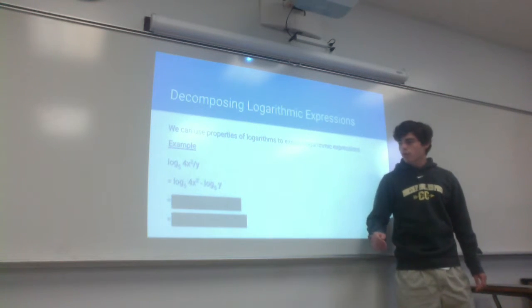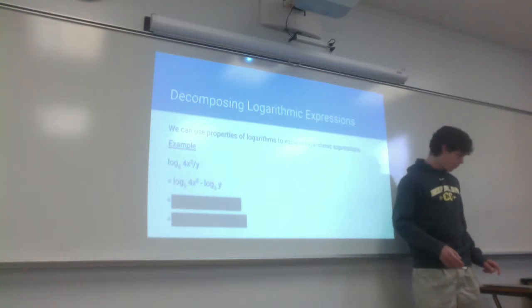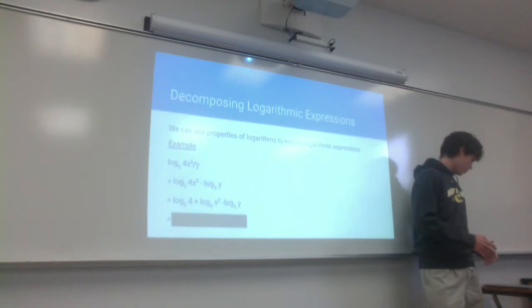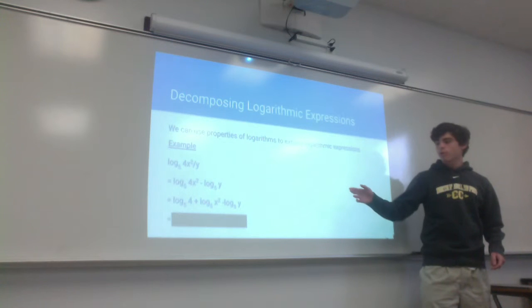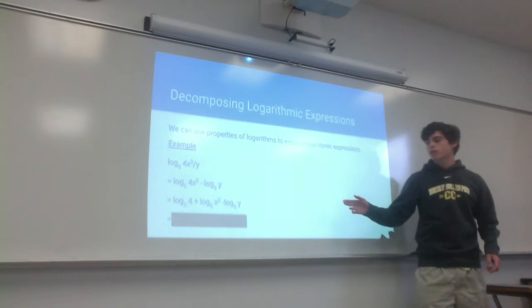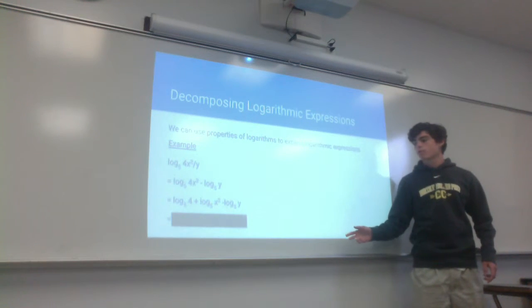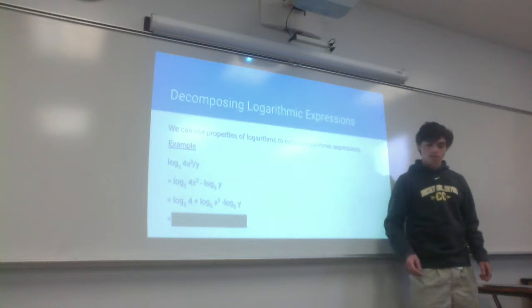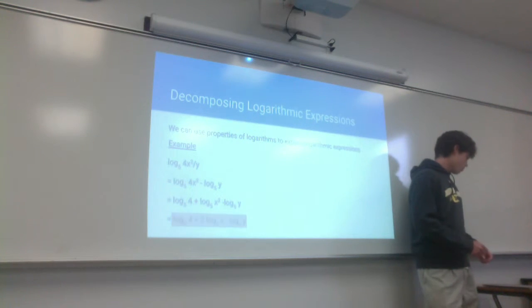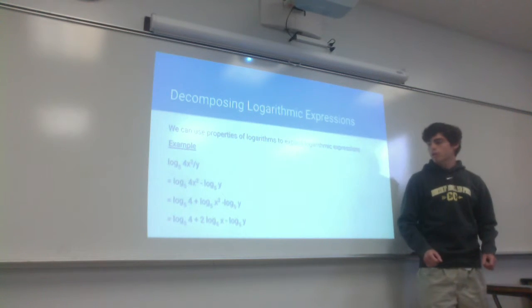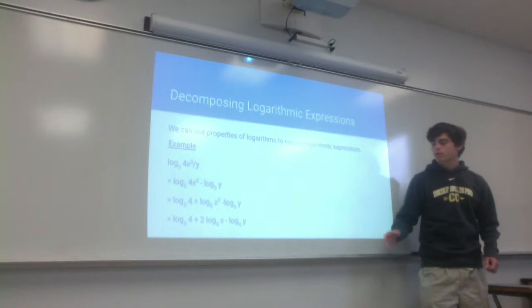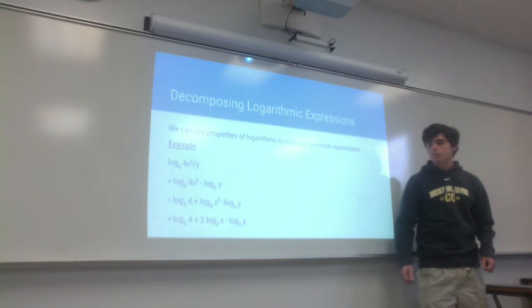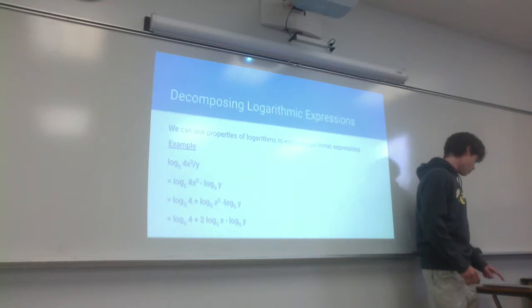However, with log base 5 of 4x squared, you can still expand it a little more and get log base 5 of 4 plus log base 5 of x squared minus log base 5 of y. The only thing left to do is to take that 2 exponent and bring it out in front of the log base 5 of x. And there you go, you've gone from log base 5 of 4x squared over y to 3 different logarithms that make it much easier to evaluate.